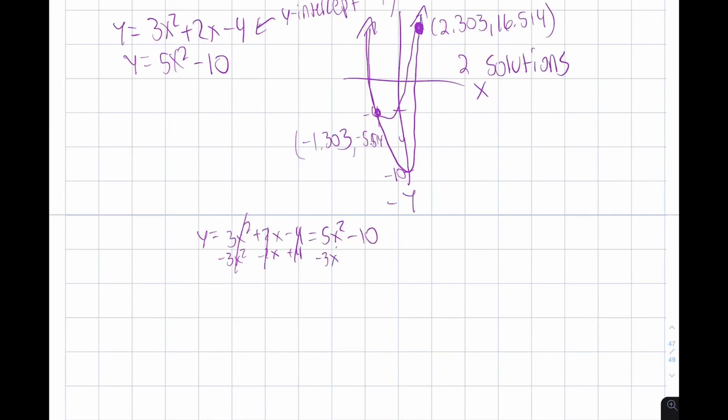Minus 3x squared minus 2x plus 4. Okay, so that's going to give me 0 on the left. 0 equals 2x squared minus 2x minus 6. Let's divide all this by 2 to get x squared minus x minus 3 equals 0.